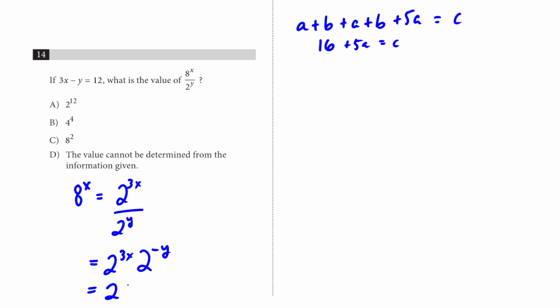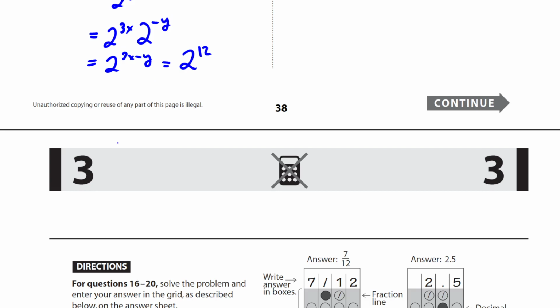And we can take those together to get 2 to the 3x minus y, which is just 2 to the 12. Okay, that wasn't so bad. It's been a while since I've used exponents.